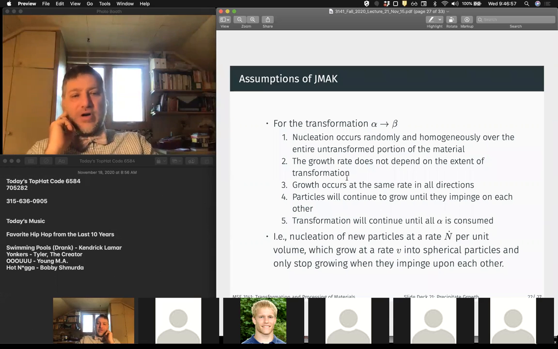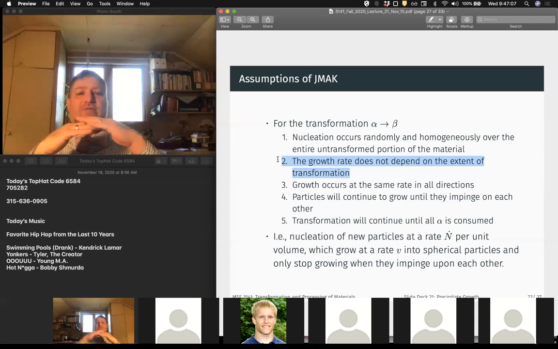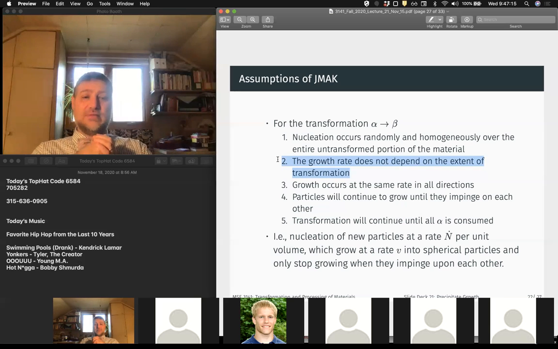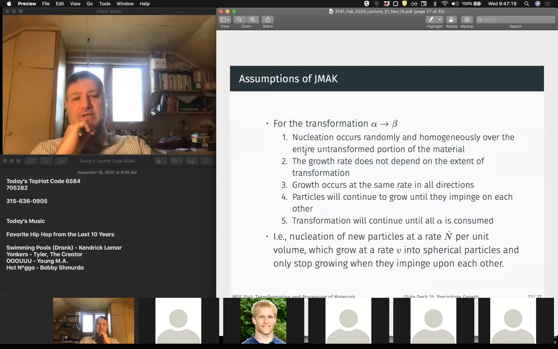The growth rate does not depend on the extent of the transformation. We just spent a lot of time talking about why that is possibly wrong. When the diffusion fields overlap each other, we have less supersaturation, so the growth rate is going to slow down. Well, as a simplifying assumption, we're going to say the growth rate does not depend on the extent of the transformation.